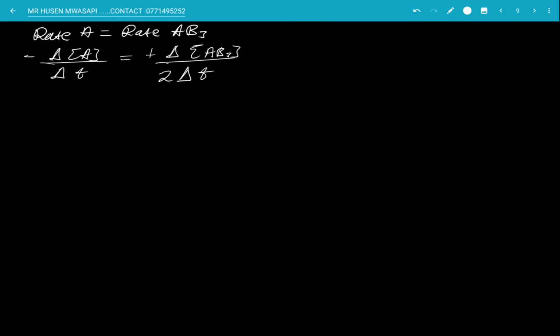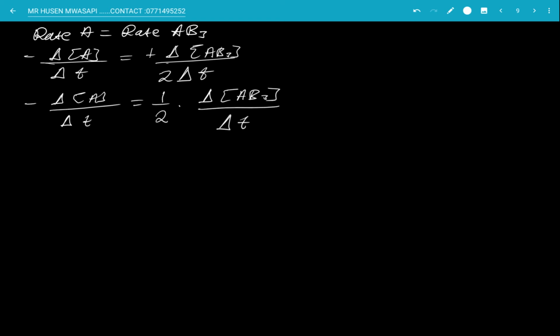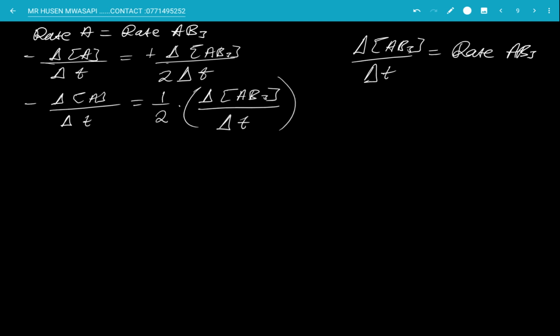So you can put this as minus change in concentration of A over change in time is equal to 1 over 2 times change in concentration of A, B3 over change in time. So now what is this called? This, remember, change in concentration of A, B3 over change in time is equal to rate AB3.